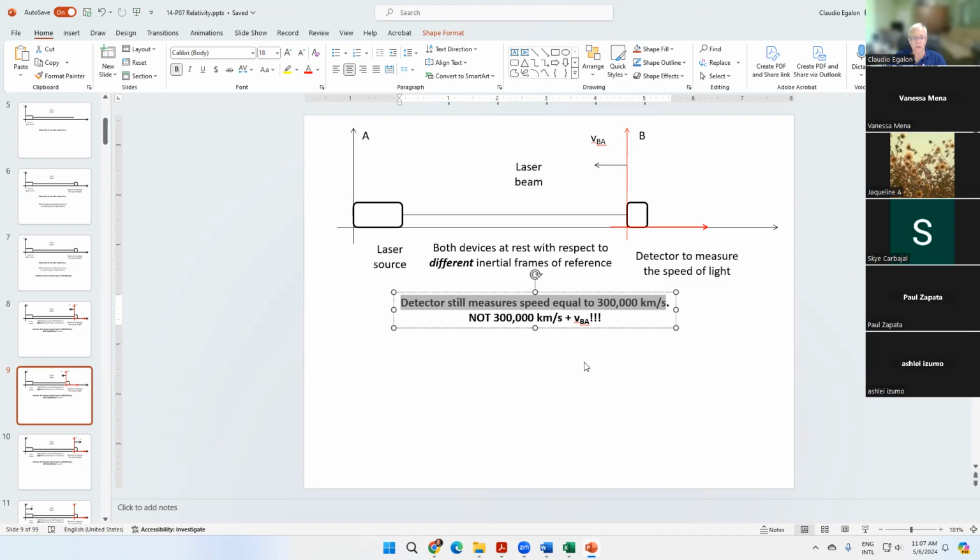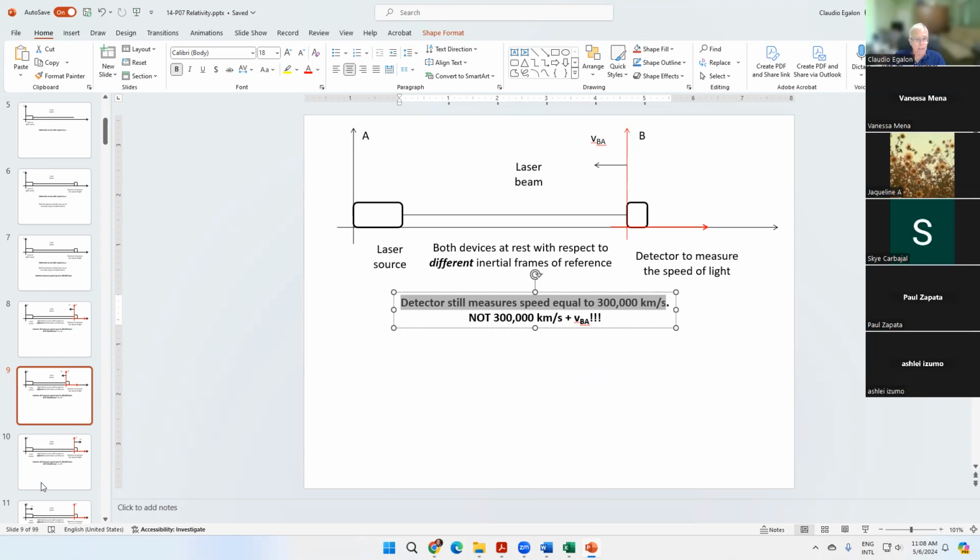We're so used to thinking in terms of relative velocity. If you're approaching an object, the relative velocity is going to be higher. If you're moving away from the object, your relative velocity is going to be less, but not when we are dealing with very high speeds compared to the speed of light.